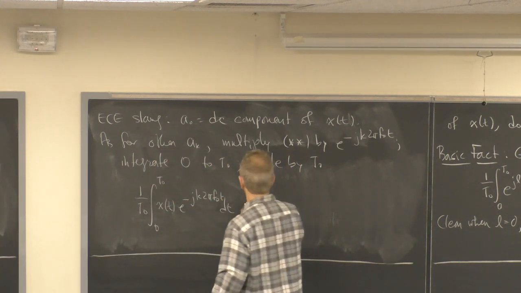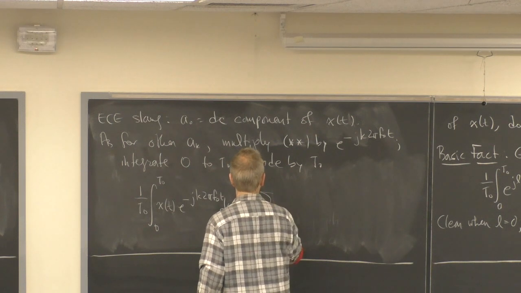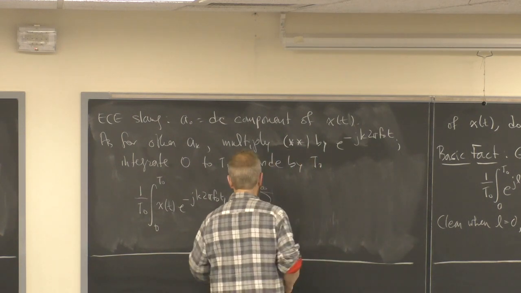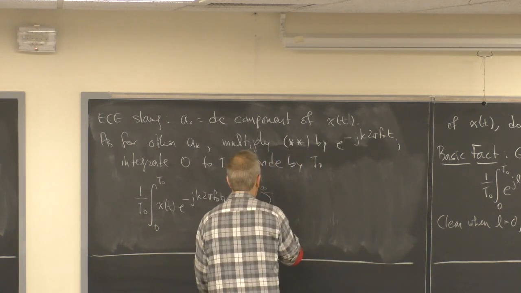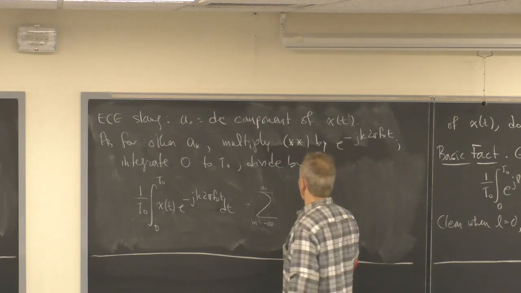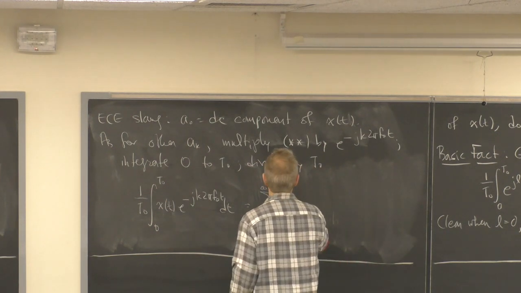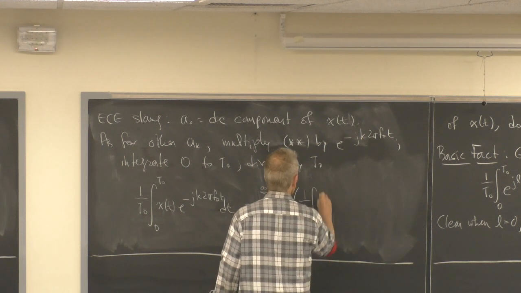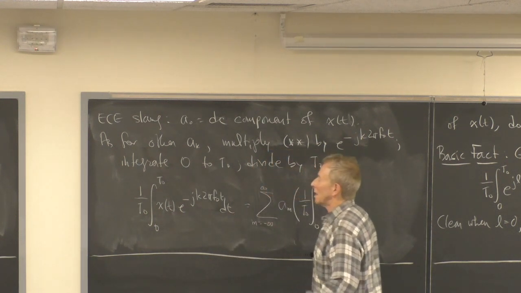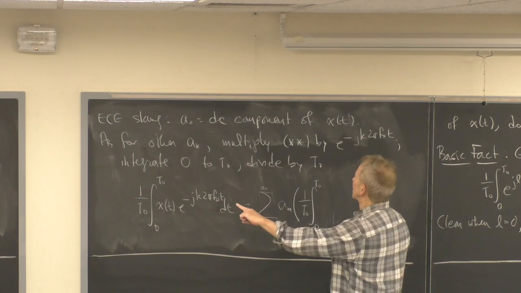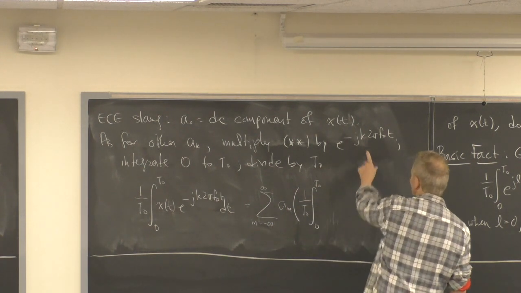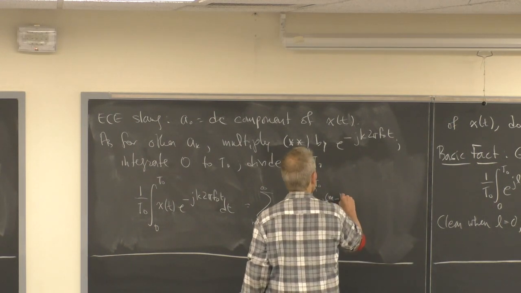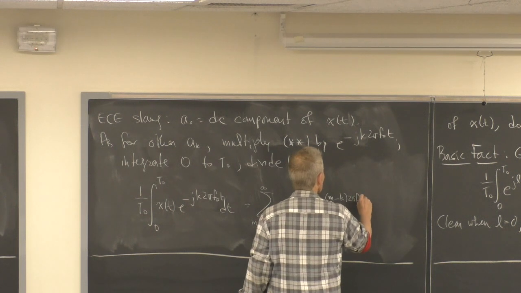And on the right-hand side, playing fast and loose with interchanging integration and summation, you get the sum from m equals minus infinity to infinity of a sub m times 1 over t0, integral from 0 to t0, e to the j m 2 pi f0t times e to the minus jk 2 pi f0t, which is e to the j (m minus k) 2 pi f0t dt.